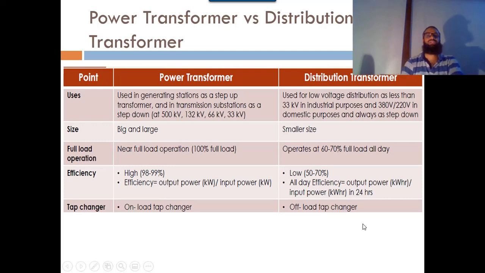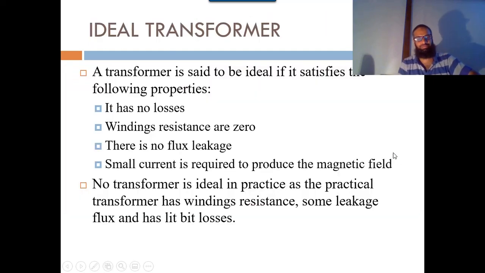While on the distribution side, we have to change the voltage level manually, and this is known as off load tap changer. So these are the basic differences between the transmission side transformer and the distribution side transformer.